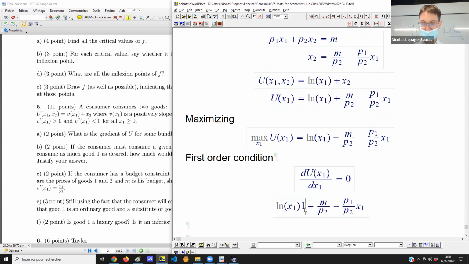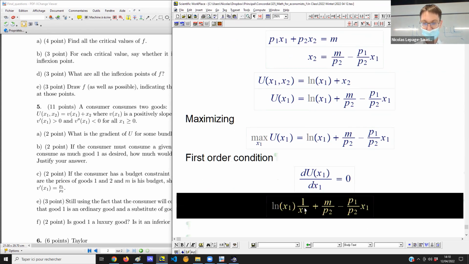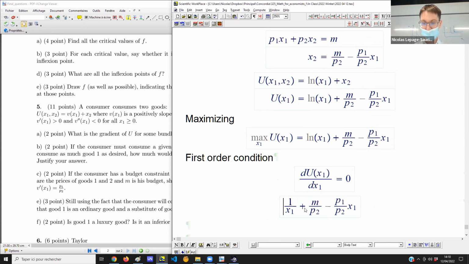So this is 1 over x1. There's no x1 there, so it's 0.